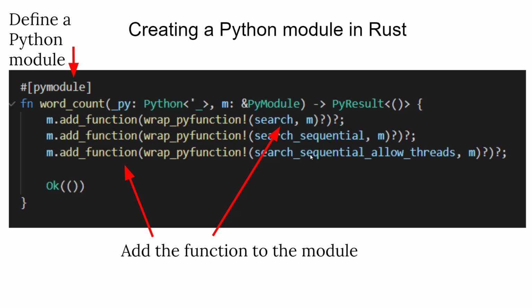There's a couple more functions which I'm not going over but are in the PyO3 examples library. But we take our function that we want to add, our search function right here, and then we just pass that to there along with the module information. And so that will then add the Rust code to the module.